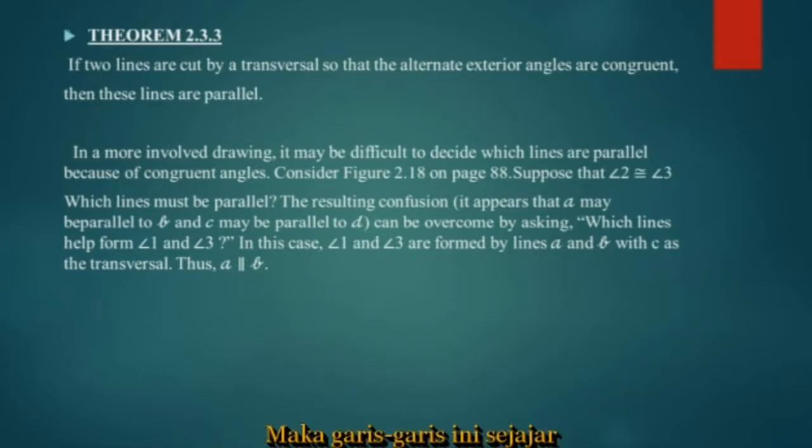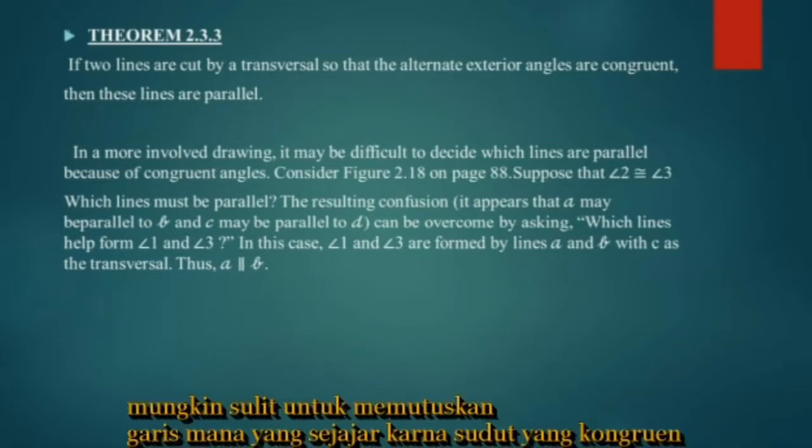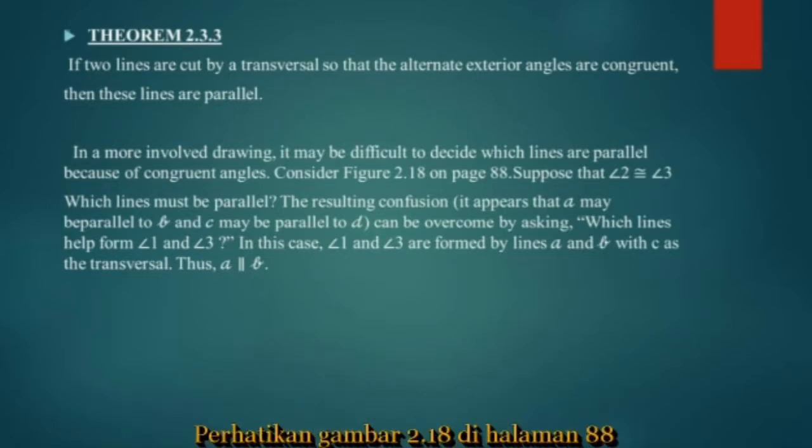In a more involved drawing, it may be difficult to decide which lines are parallel because of congruent angles. Consider figure 2.18 on page 88. Suppose that angle 2 is congruent to angle 3. Which lines must be parallel?